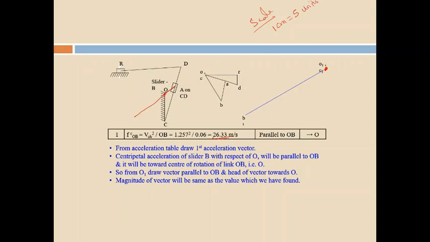So whatever the value, you divide it by 5. You have to draw 5.2 centimeter. So I have drawn it, and I got point B. Now I have to draw the tangential line for the radial line for the piston. Also I have to draw the Coriolis line for the piston. In the next slide we will see that.